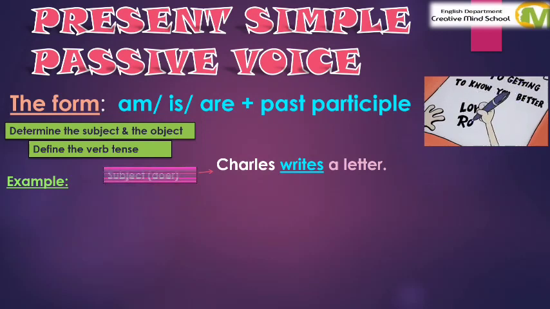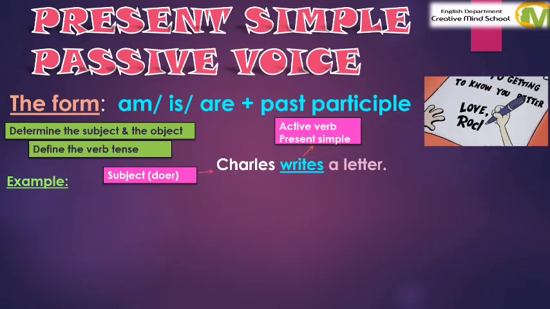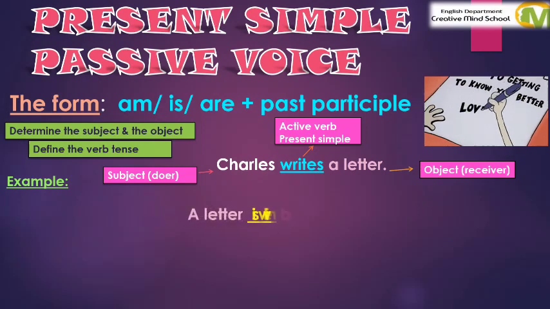In this sentence, Charles is the subject, the doer of the action, and writes here is the active verb, it's in present simple. A letter here is the object, it's the receiver of the action. To change this sentence into passive voice, let's exchange a letter, here the object, into a subject. We start with it.